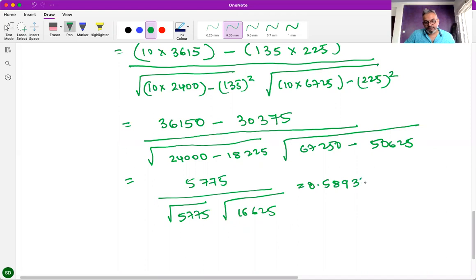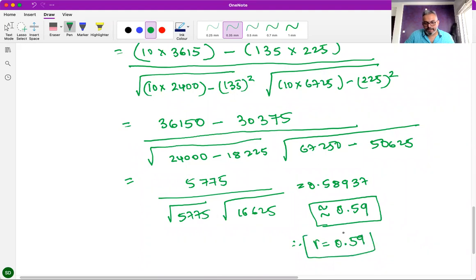So which is equivalent to 0.59. Therefore, R is equal to 0.59. Answer.